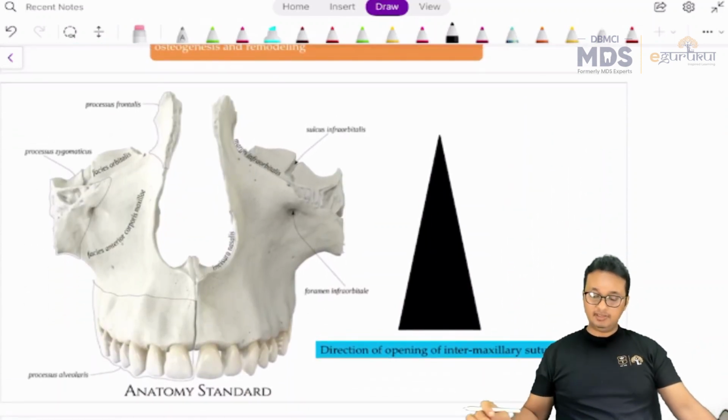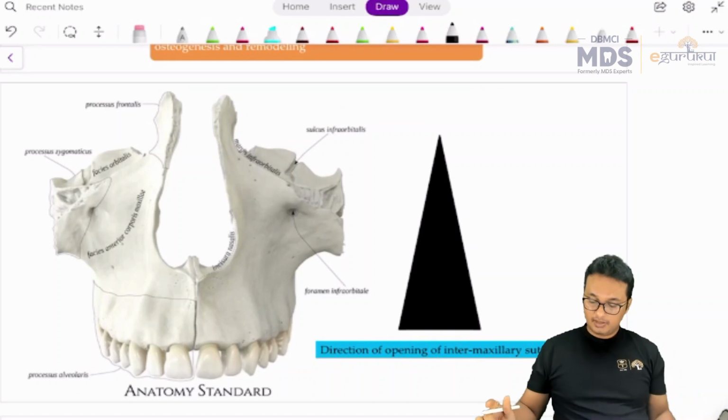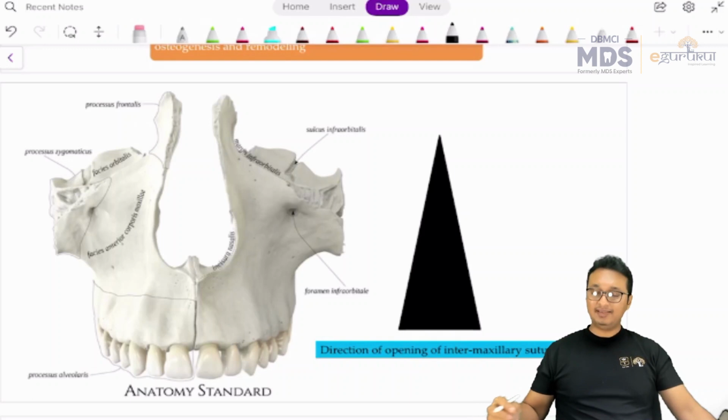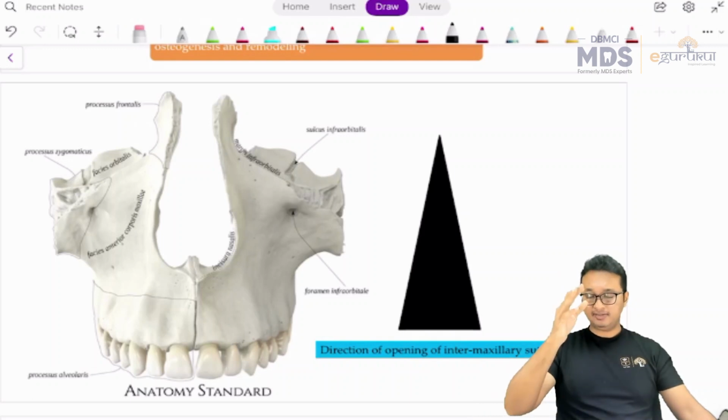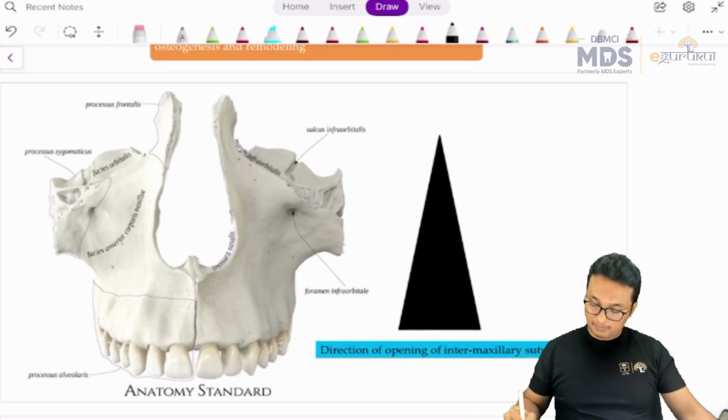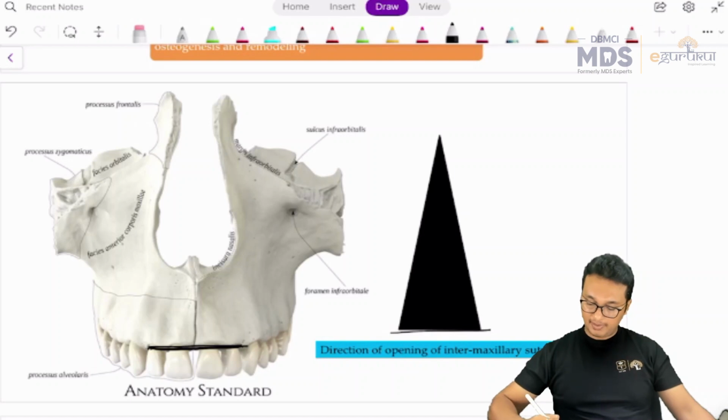Now, as you can see the maxilla from the front, you can see the direction of opening of the intermaxillary suture is in a triangular or pyramidal form, with the base at this area and apex at the floor of the nose.